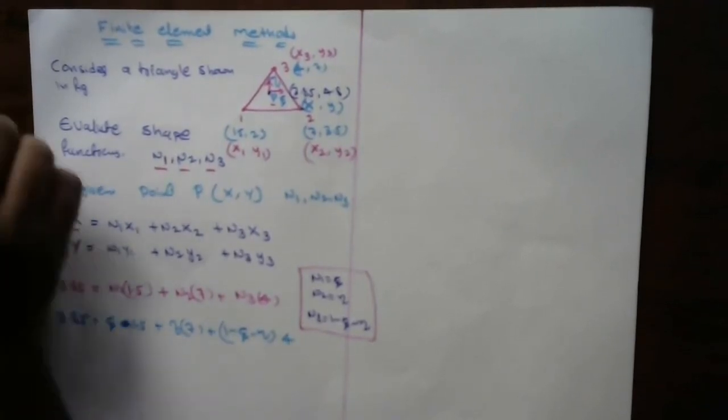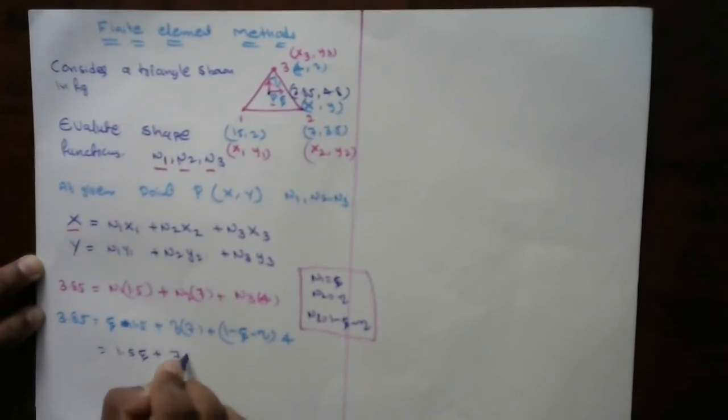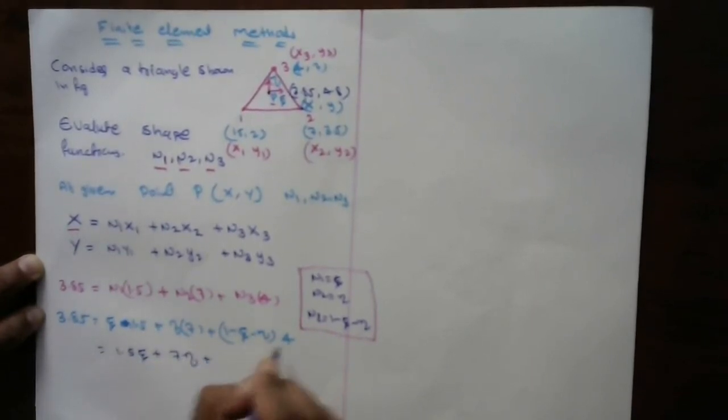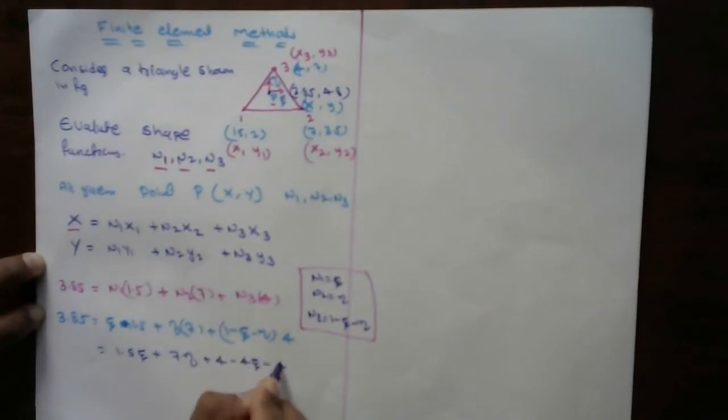This can be simplified: 1.5 times zeta plus 7 times eta, and this 4 can be multiplied with each term in 1 minus zeta minus eta. Therefore it is possible to write 4 minus 4 zeta minus 4 eta.